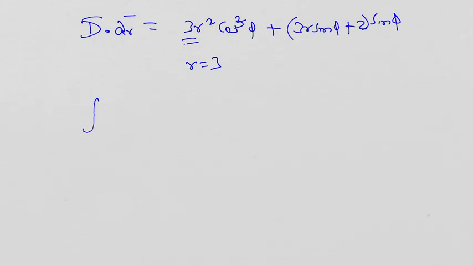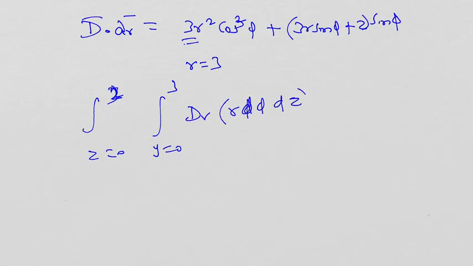the integral z is equal to 0 to 2, y is equal to 0 to 3, dr r d phi dz can now be written as d dot ar. Already I have told you r is equal to 3.